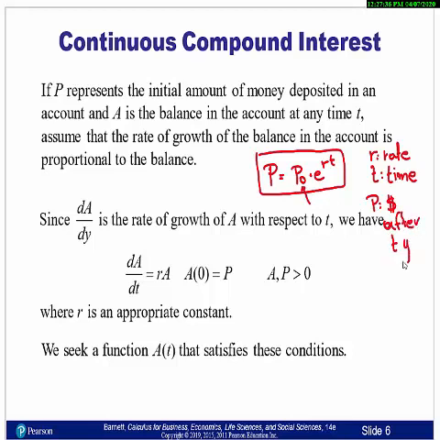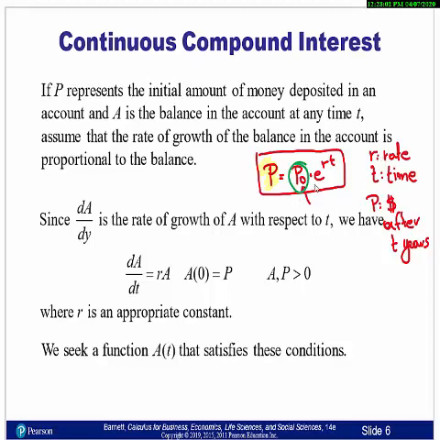So what you are seeing right here is a formula that gives you how much money you will have in the bank after, let's say, 11 years, if you initially put in your account $1,000 and you have a rate, let's say, of 5%, and this is how you calculate it.